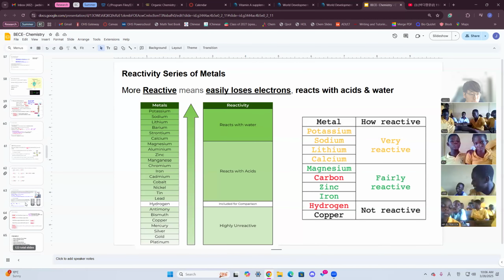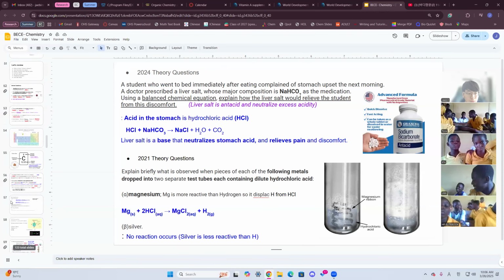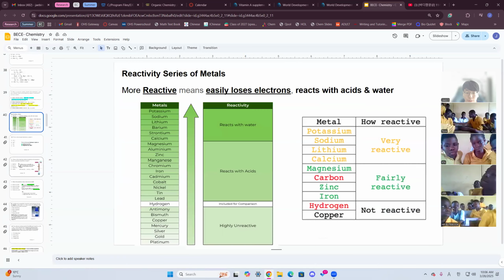But let's look at the second one. Silver. So if we check back again at the table over here, where is silver? Silver is all the way down here. It's highly unreactive, and you can see it's below hydrogen. Silver is over here. Hydrogen is over here.